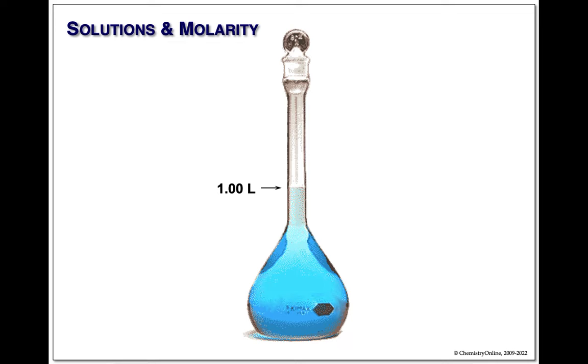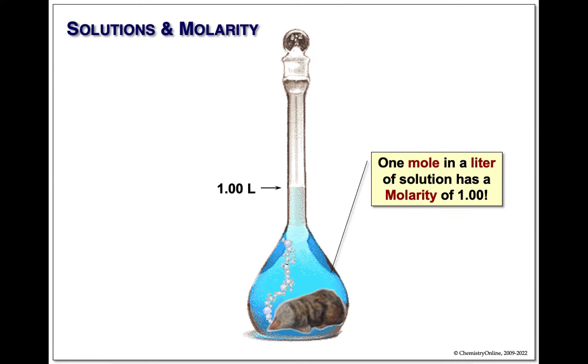Volumetric flasks are expensive because you have to do this by hand. All right, if we put something in this, for example, 1 mole, we have 1 mole in a liter. It's a 1 molar solution.